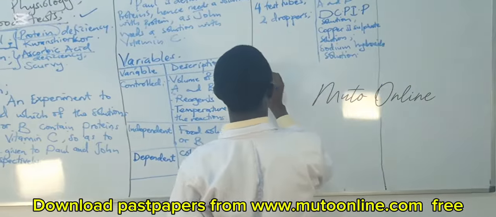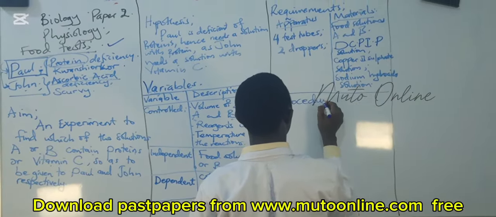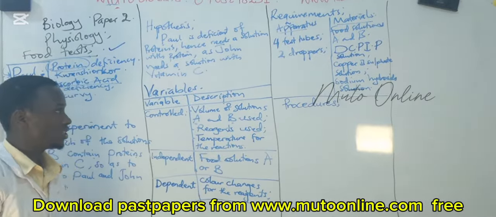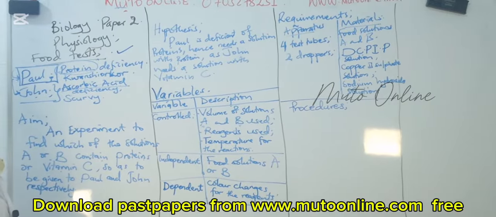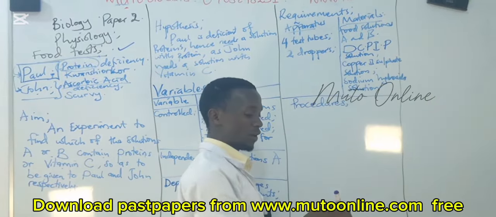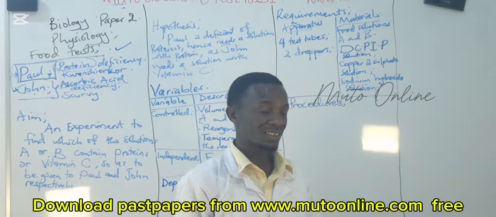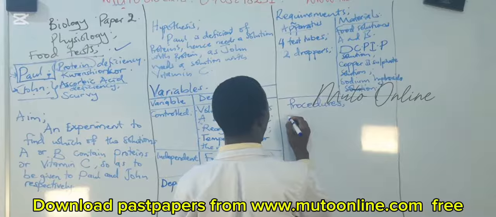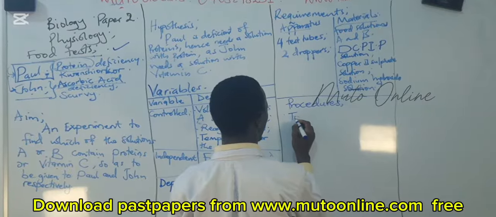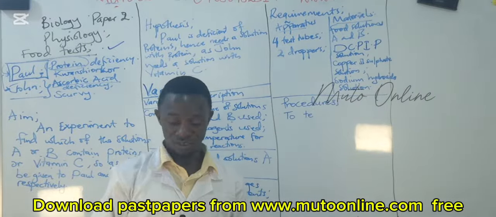The next thing is to write the procedures. For the procedures, what do we do? We transfer known amounts of food solutions. So what we shall do, we shall label the test tubes.